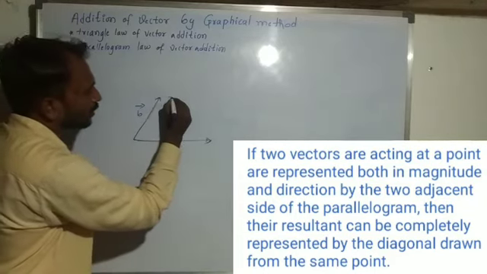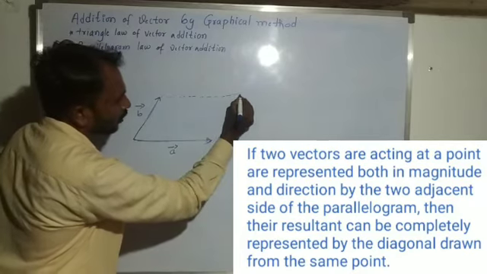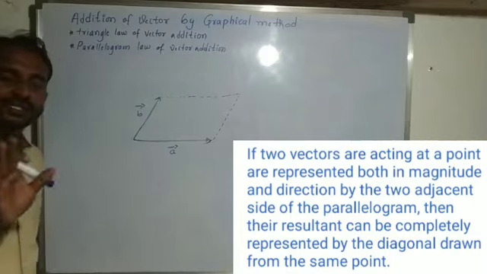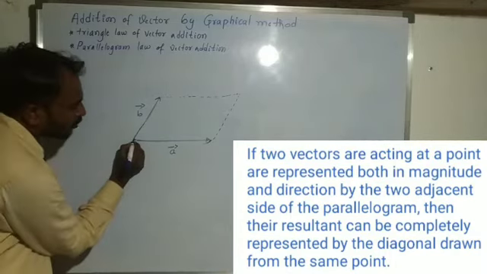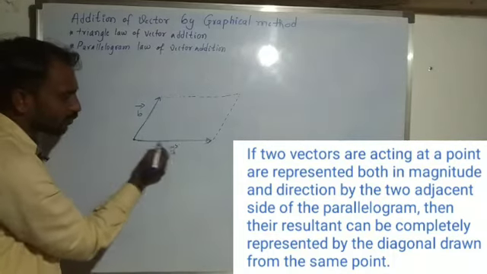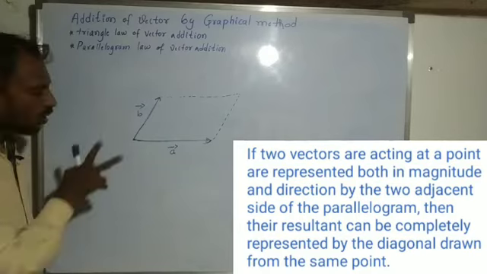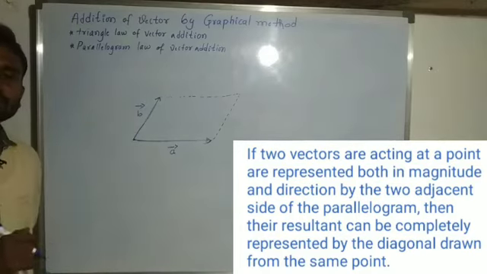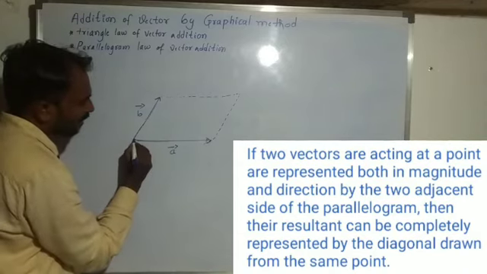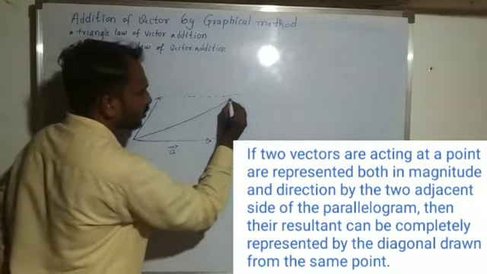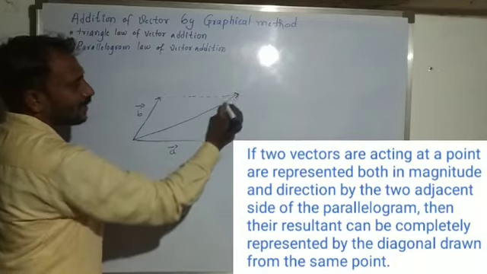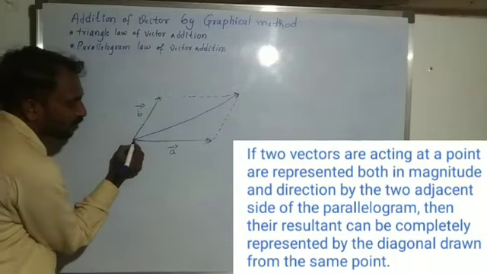Okay, so here we consider a parallelogram, and these two are adjacent sides of the parallelogram. Two vectors at a point represent both magnitude and direction of two adjacent sides of a parallelogram, then their resultant represents the diagonal of the parallelogram. So this one is a diagonal, this one is the resultant vector, and it starts from the same point.